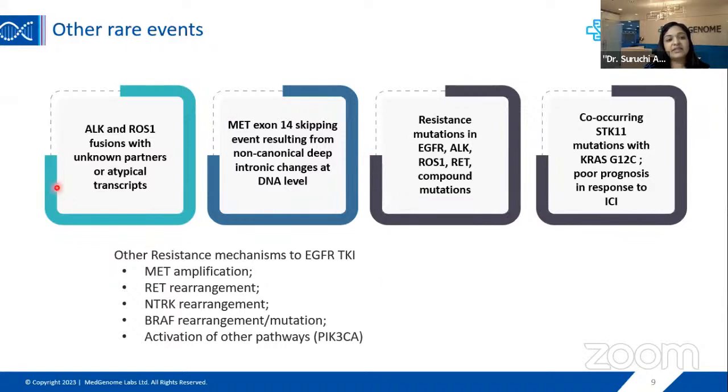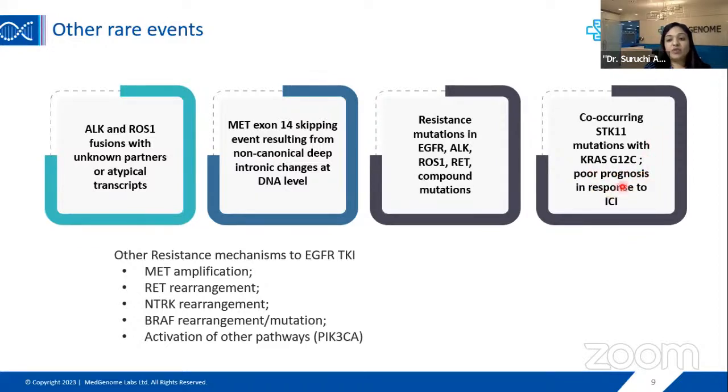And these are other rare events like ALK and ROS1 fusions with unknown partners or atypical transcripts, and MET exon 14 skipping events resulting from non-canonical deep intronic changes at the DNA level, which are difficult to find at the DNA level, but can be easily picked up at the RNA sequencing level. And then resistance mutations in EGFR, ROS1, RET, some compound mutations which occur concurrently with other mutations, and co-occurring mutations in the STK11 and KEAP1 genes are also coming up in the literature as resistance mechanisms to EGFR TKIs.